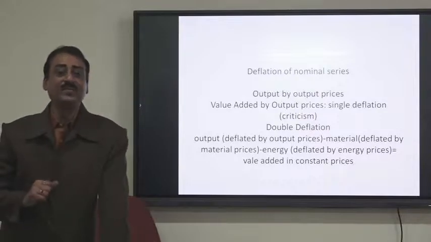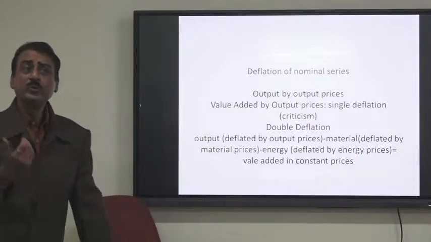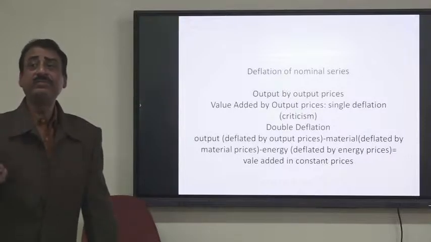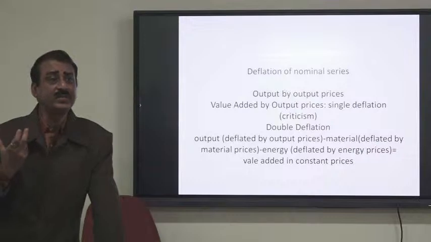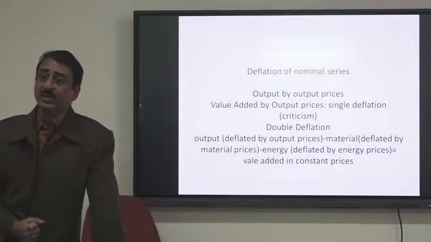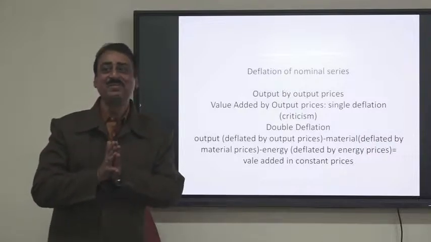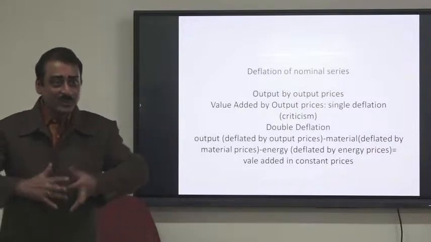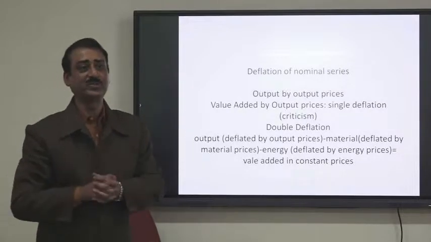Some people use the output price series to deflate the value added, because value added is defined as the contribution made by capital and labor. But in the real world, it is very difficult to make a distinction between value added and output. Output is perceivable. You can understand, okay, this much output has been produced.